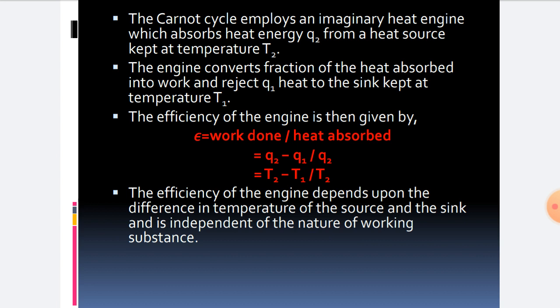So, the efficiency of the engine is then given by this formula, which represents the relation between work done and heat absorbed. The efficiency of the engine depends upon the difference in temperature of the source and the sink and is independent of the nature of working substance.